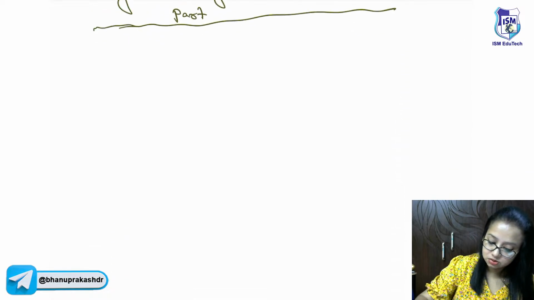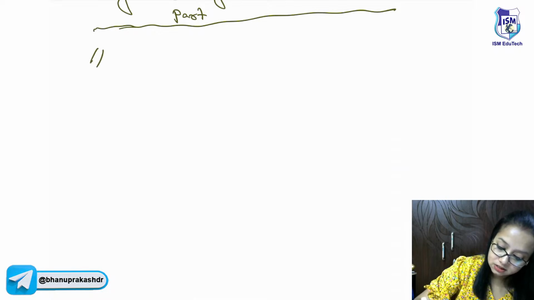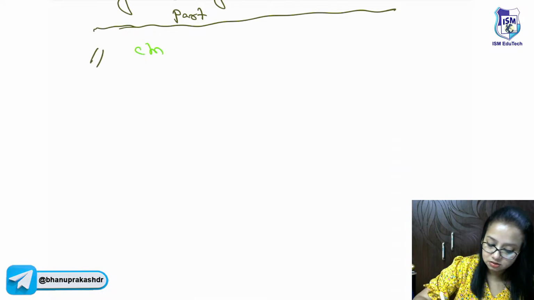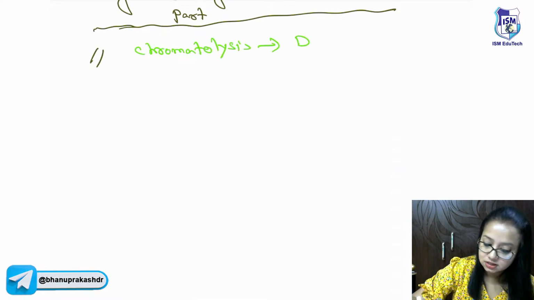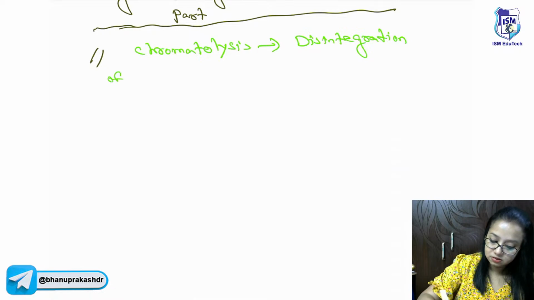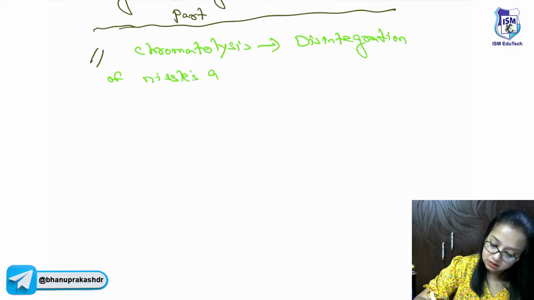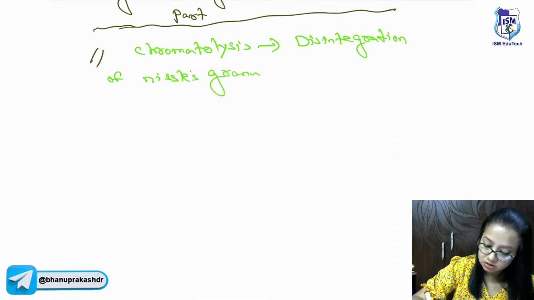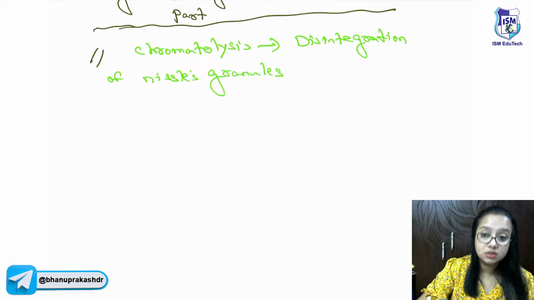Okay, so here, the first thing that will happen is chromatolysis. What is chromatolysis? It is disintegration of Nissl granules into dust particles.